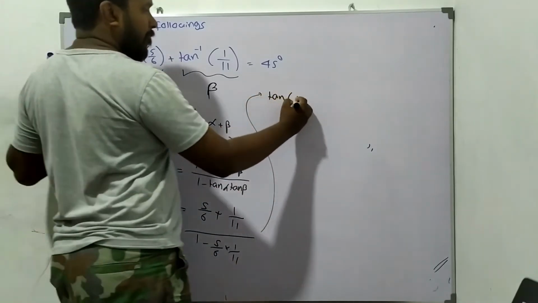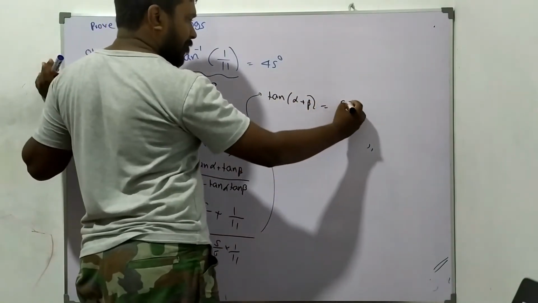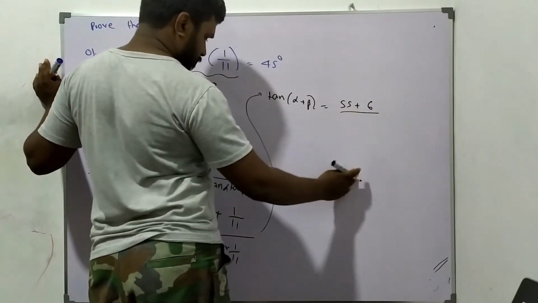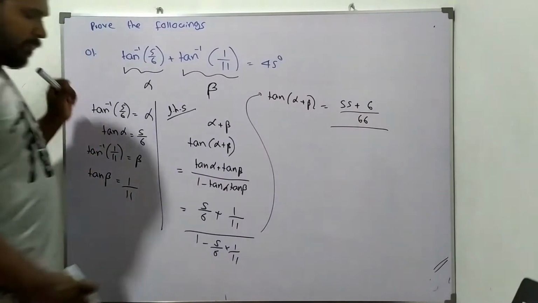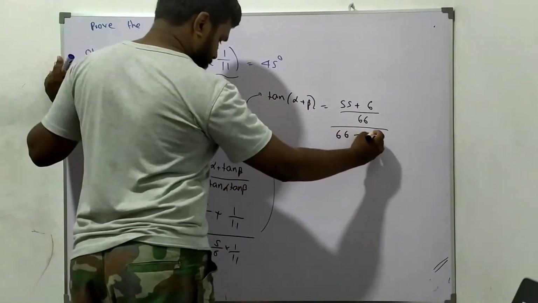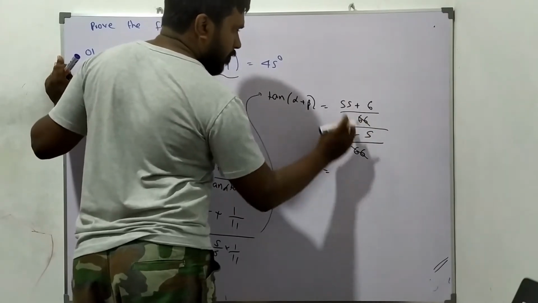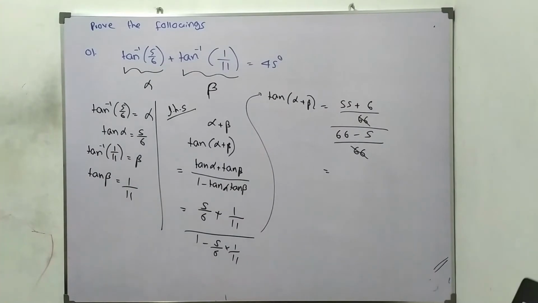Taking the common denominator, 55 plus 6 over 66, and the denominator also 66 minus 5 over 66. So we will have 1, it's 61 over 61.